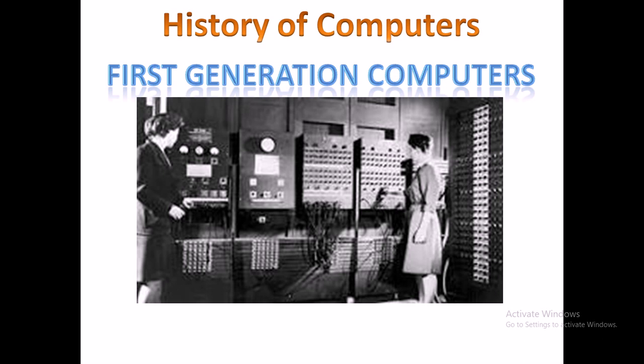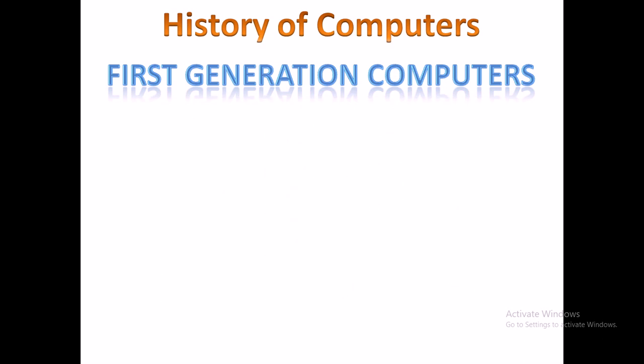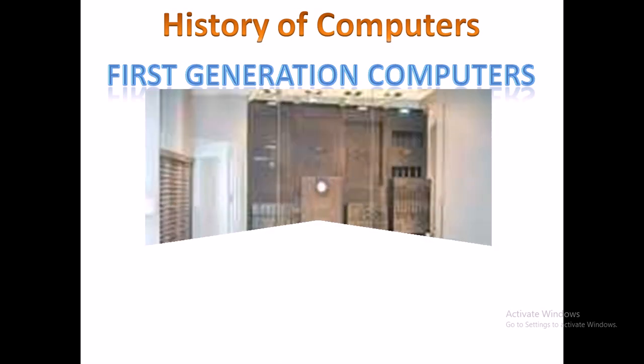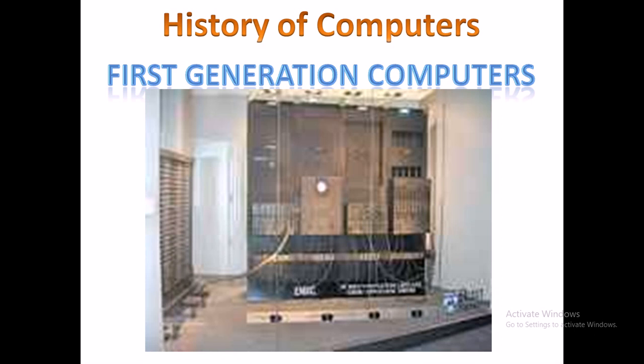So it could not work very fast, and it didn't have a fantastic speed for calculations. It used to perform 5,000 additions in 1 second and 502 digit multiplication in 1 second.